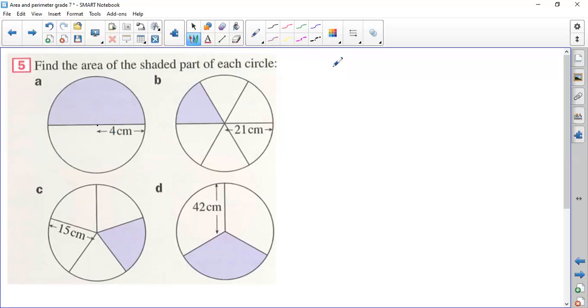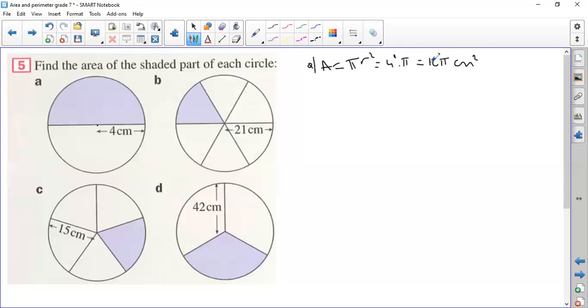So for A, I will have the area of the circle is equal to pi r squared, which is 4 squared times pi. It is 16 pi centimeters squared.